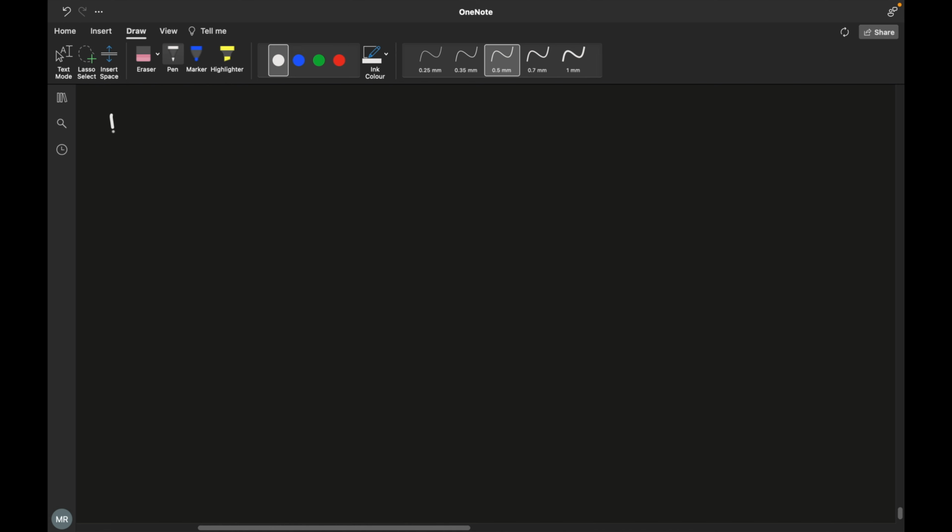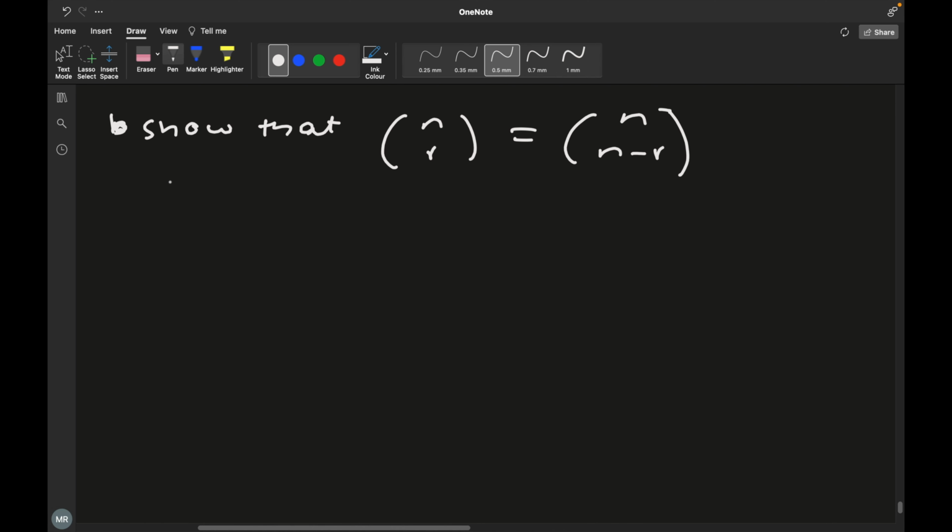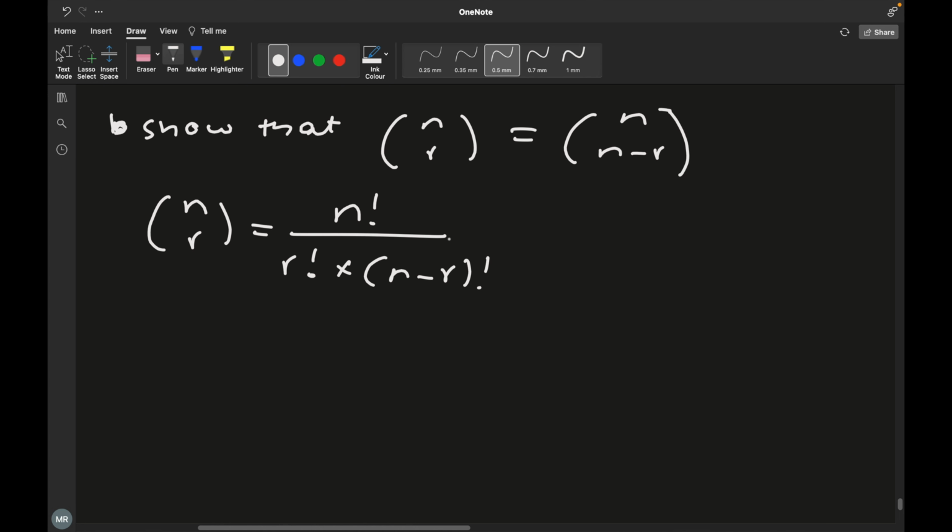And now let's look at one of the show questions. Show that this is this. Okay, we know that nCr is n factorial divided by r factorial into n minus r factorial.